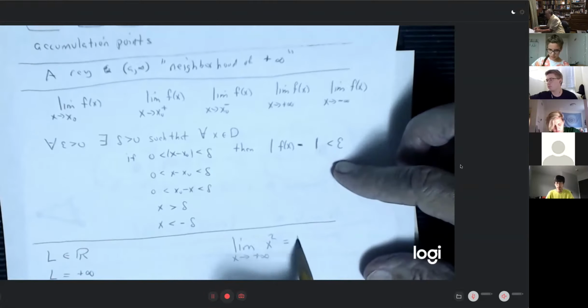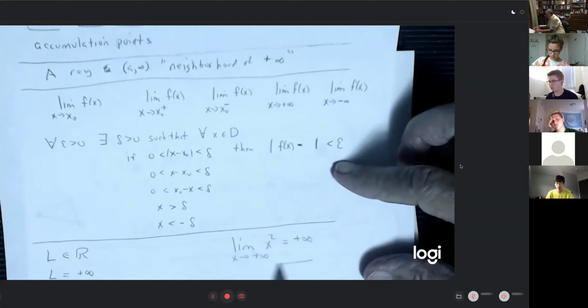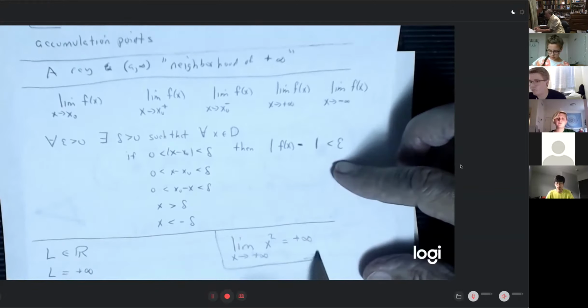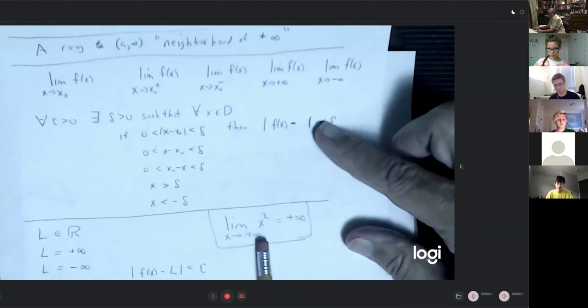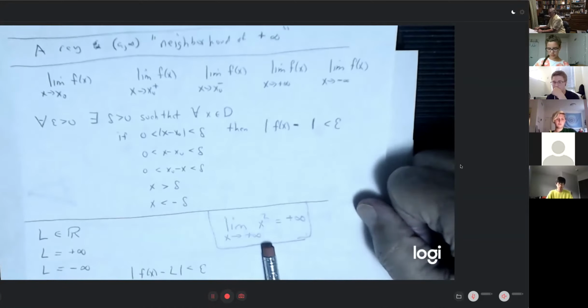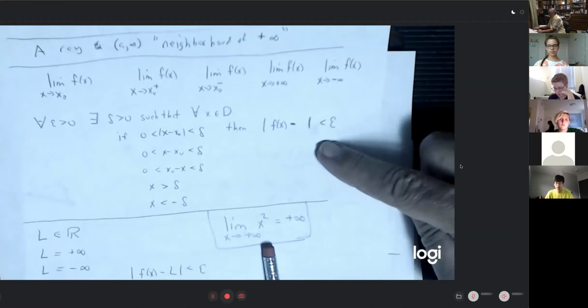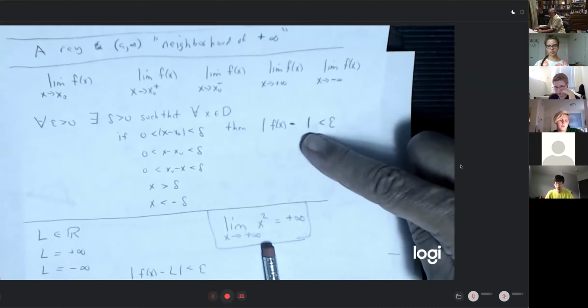It gets very big. So we would write the limit of x squared as x goes to infinity is infinity. That's at the bottom here. But we haven't defined that yet because the thing up here assumes the limit is finite.